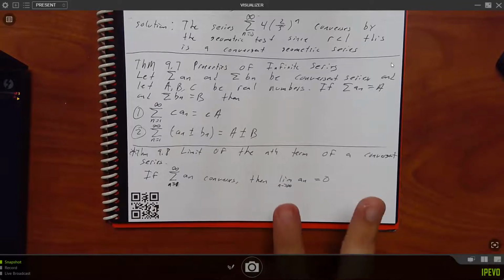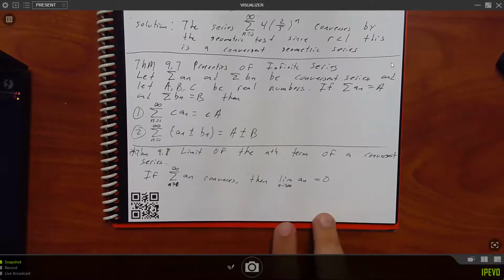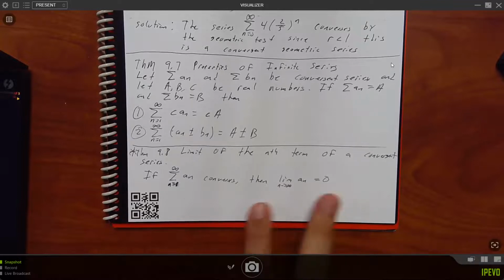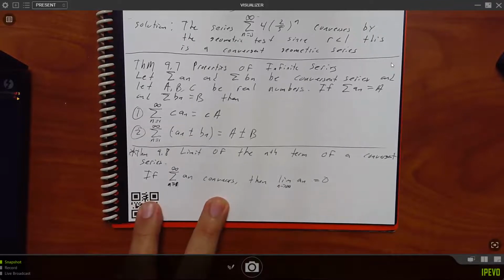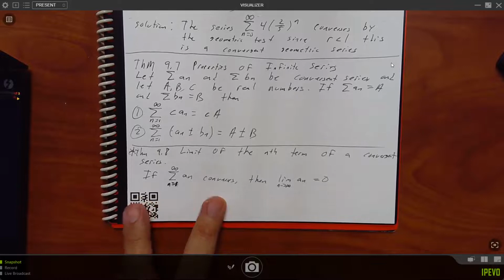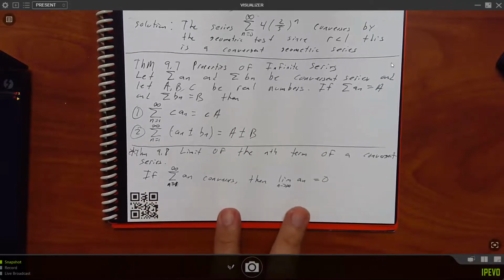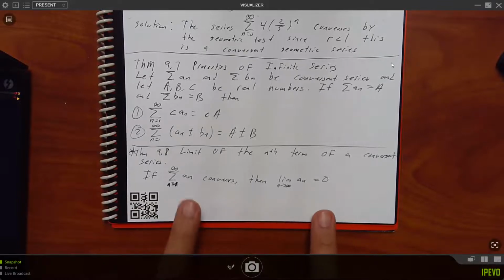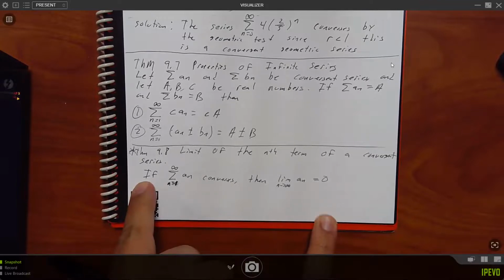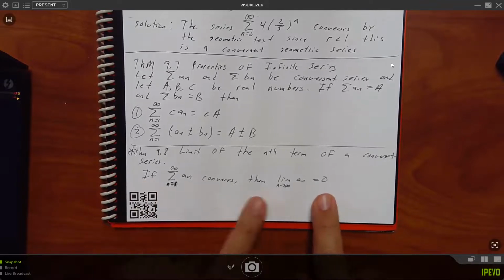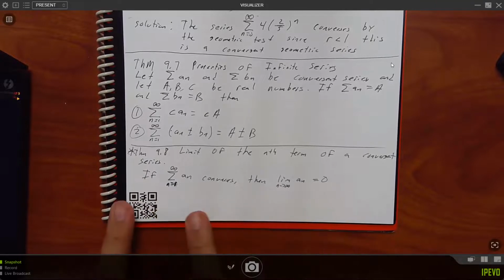So what you can do, which I'll explain in the next theorem, is if this is not 0, then this is not convergent. That's based off what I think is called the contrapositive of the if-then statement. You switch these and negate them. So if not this, then not this.